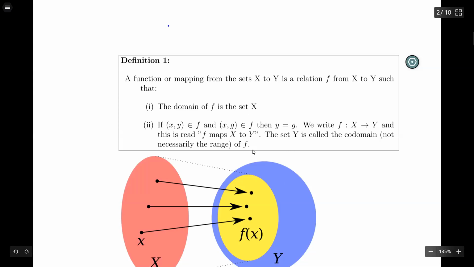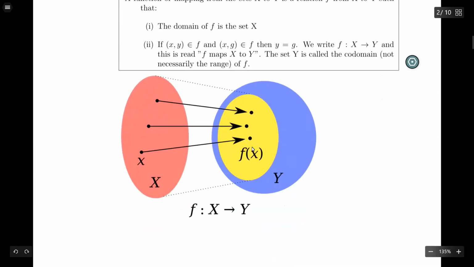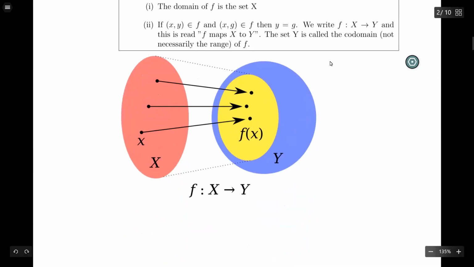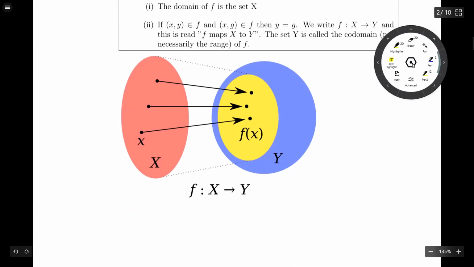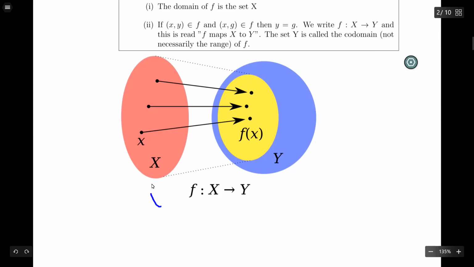So this picture here illustrates the idea that we have our set X being our domain. This, F of X, is our range, and Y is our codomain.